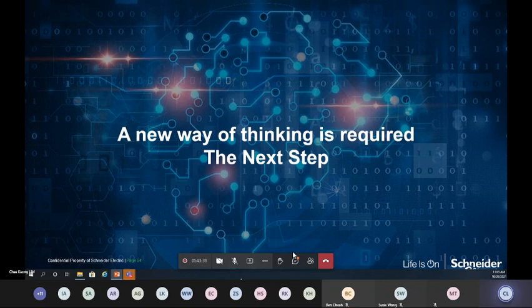To isolate and contain myself from my co-workers so that I myself am safe, and at the same time, if I'm carrying a virus, I do not infect the rest. So the point is, isolation and containment is going to be the future. It was the past, it's now, and the future will be the same. The only way to break the chain of infection is through isolation and containment.